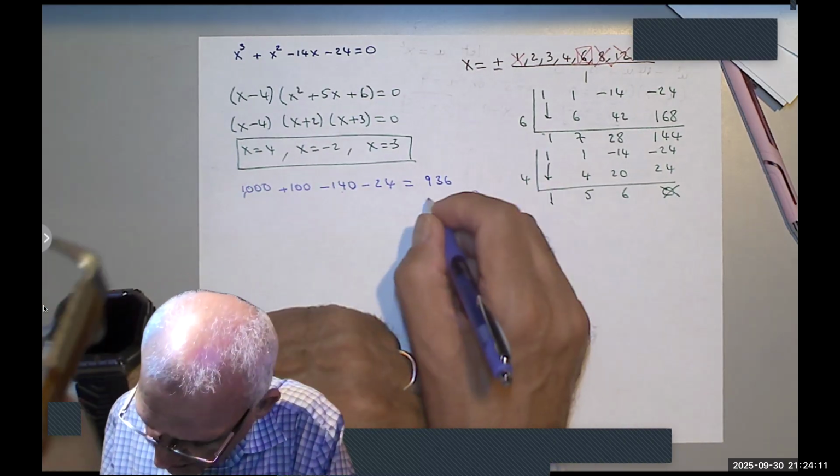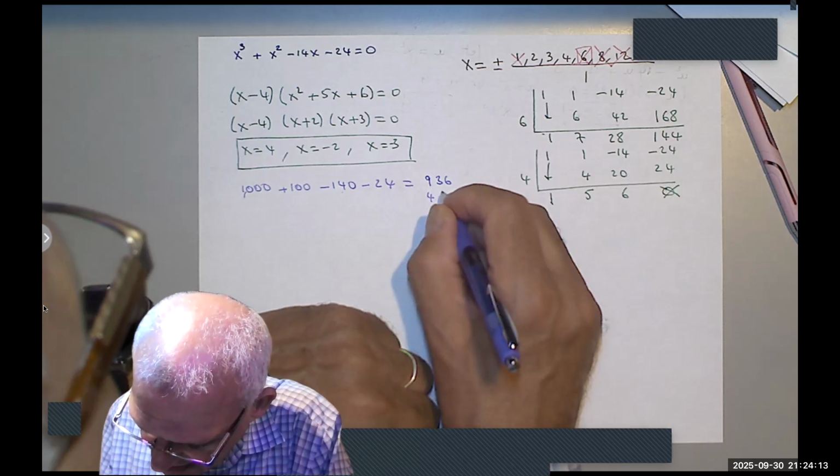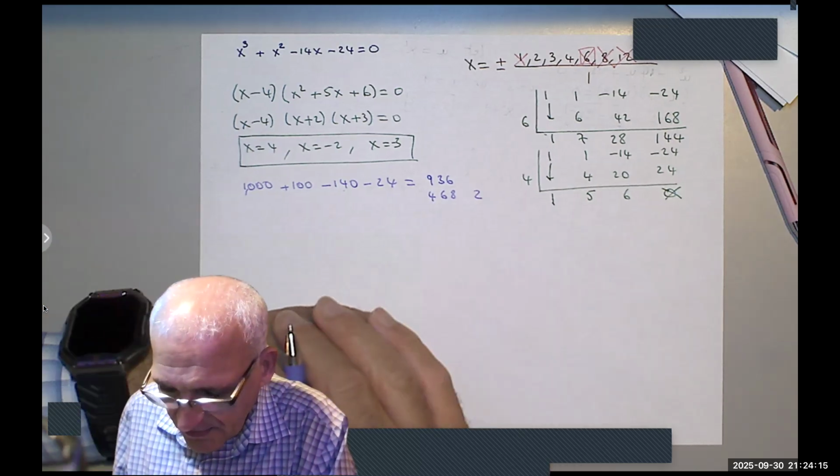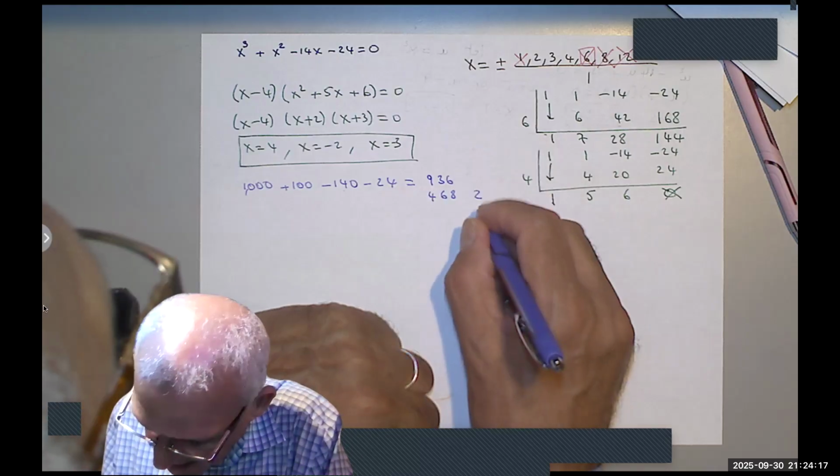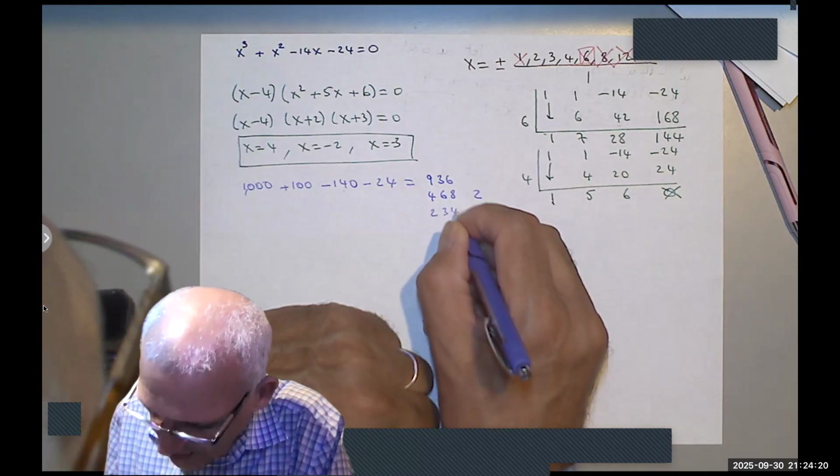Divide by 2, you get 468, right? Divide by 2 again, you get 234.